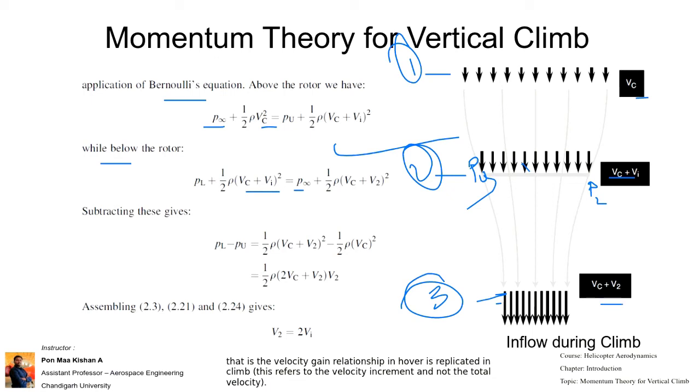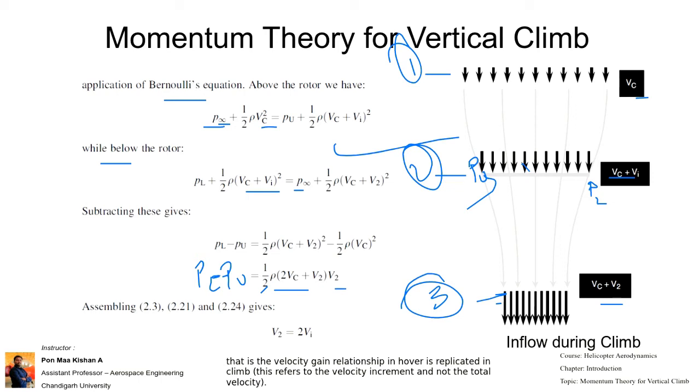So subtracting both the equations, and substituting from P infinity, we will be getting a final equation of PL minus PU is equal to half rho (2 Vc plus V2) multiplied by V2.